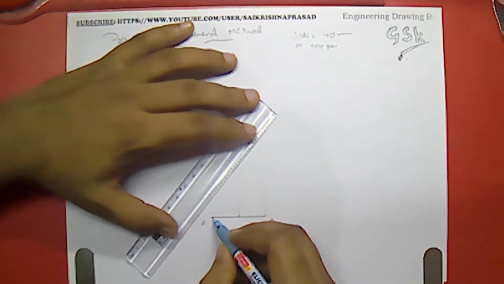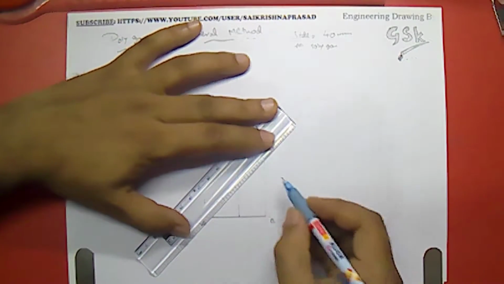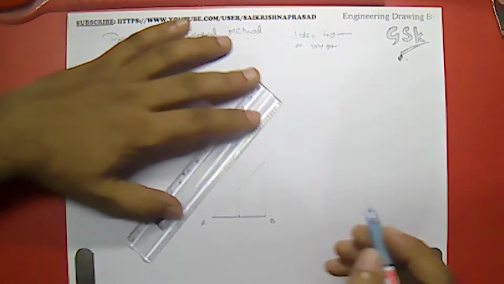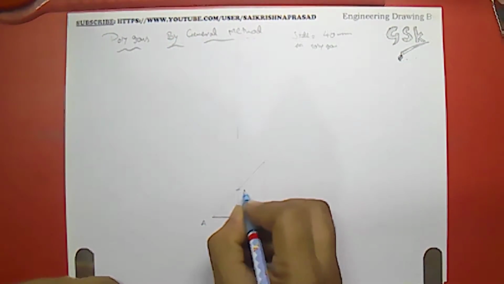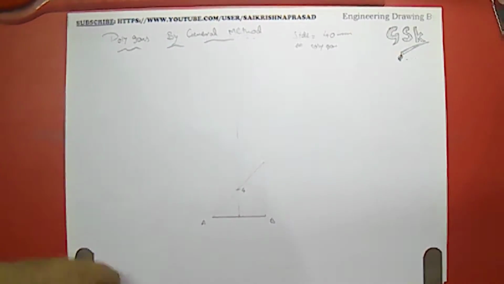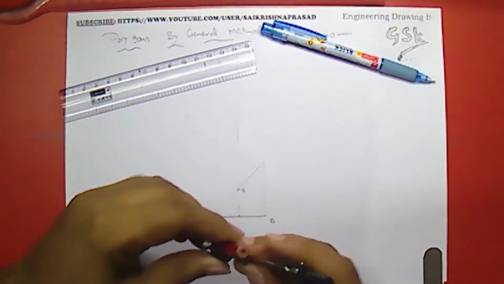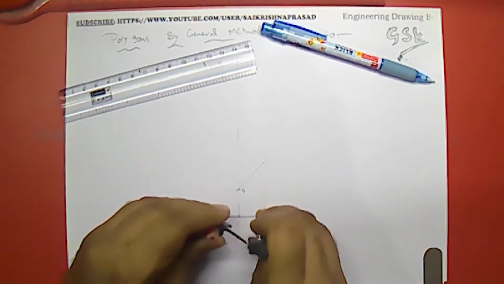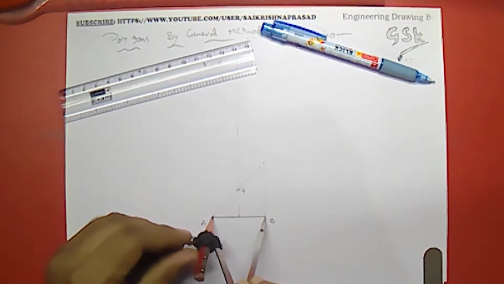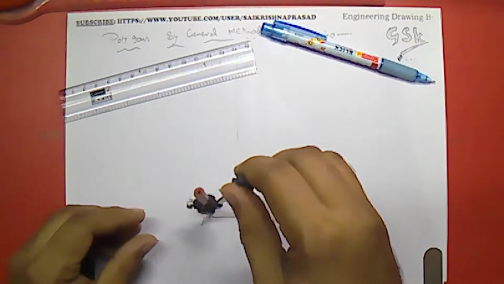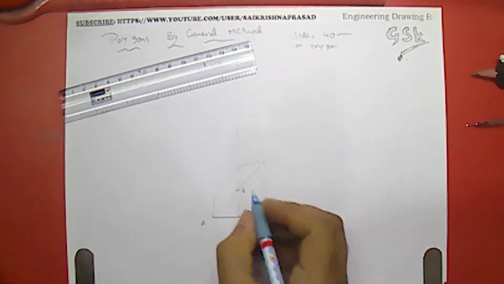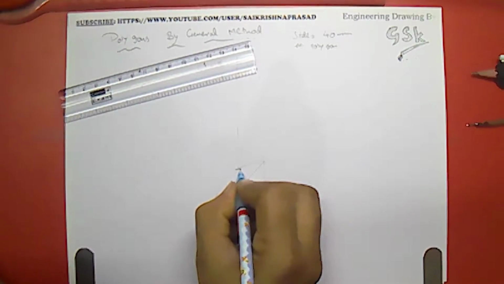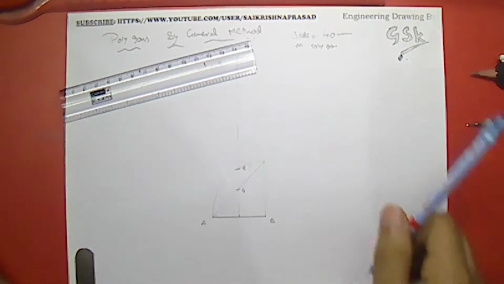And join this A to this point. Make this mark as 4. Take your compass, measure AB and draw your arc up to this point and make this point as 6.